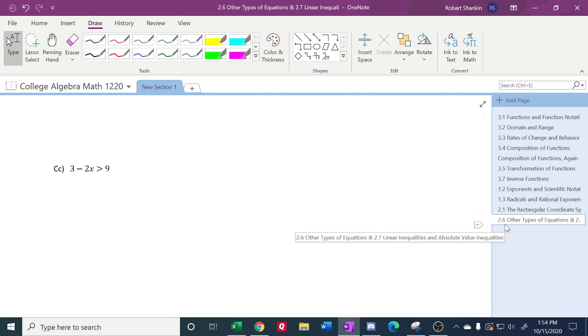Let me give you a minute to do C. Alright, so I'm going to subtract 3 from both sides, just to isolate my x.